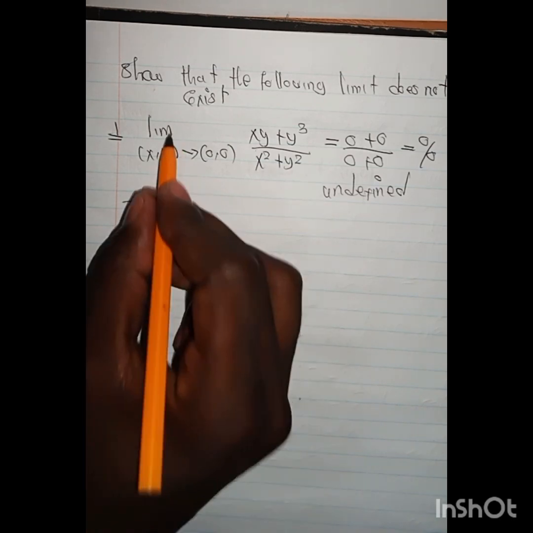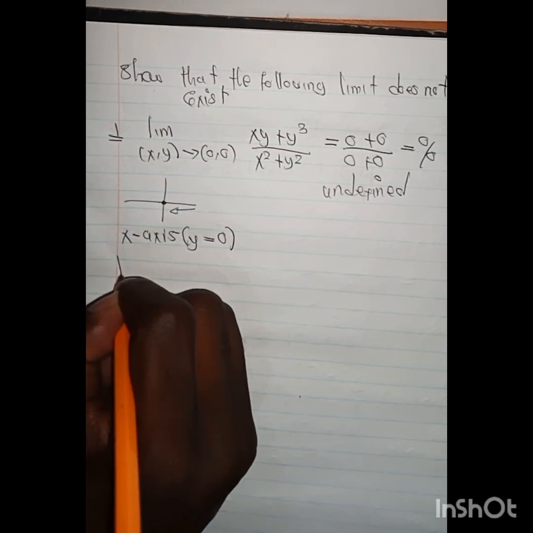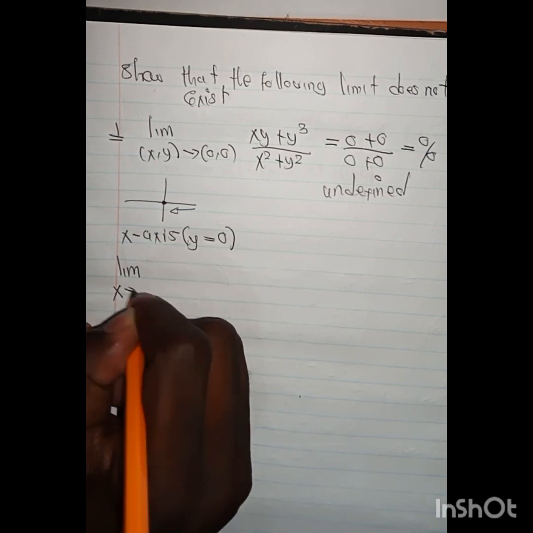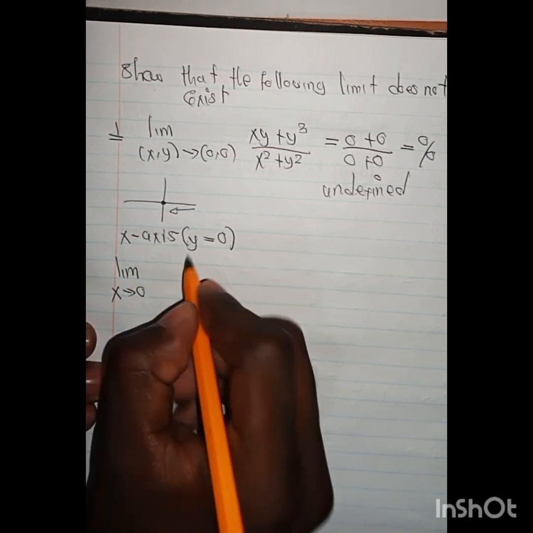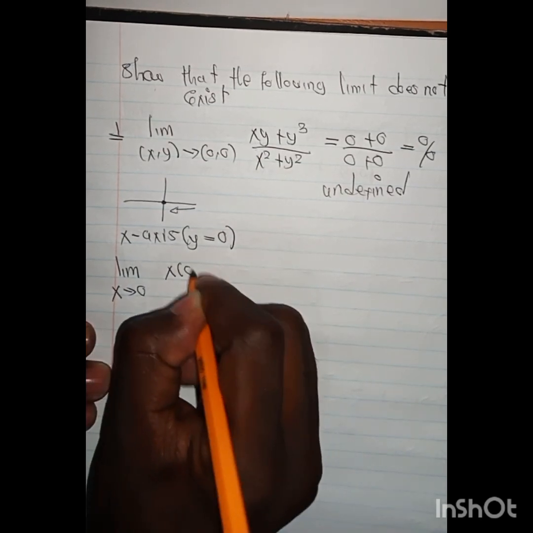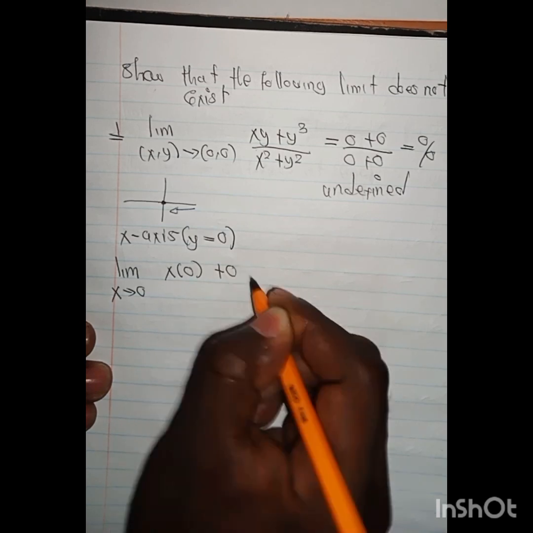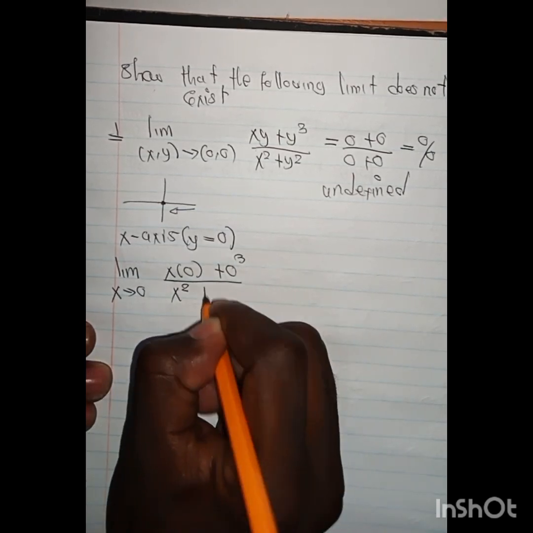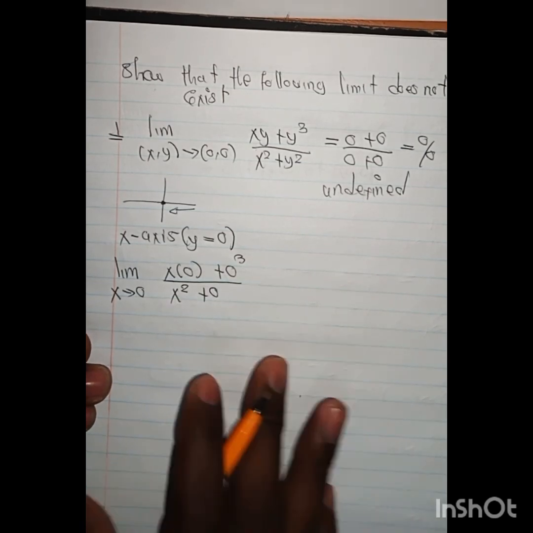So this is our limit as x approaches 0: x times 0 plus 0, all over x squared plus 0.